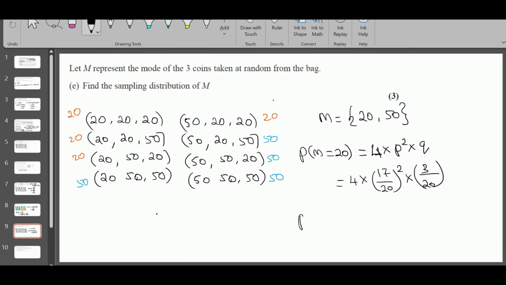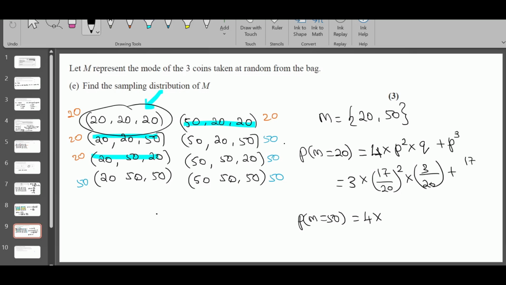And then when the mode is 50, there are 4 similar combinations. Oh, sorry, I made a mistake here. There are 3 similar combinations and this one is slightly different, so I need to put 3 here, 3 times, and then this one is just P cubed plus P cubed, which is 17 over 20 whole cubed.